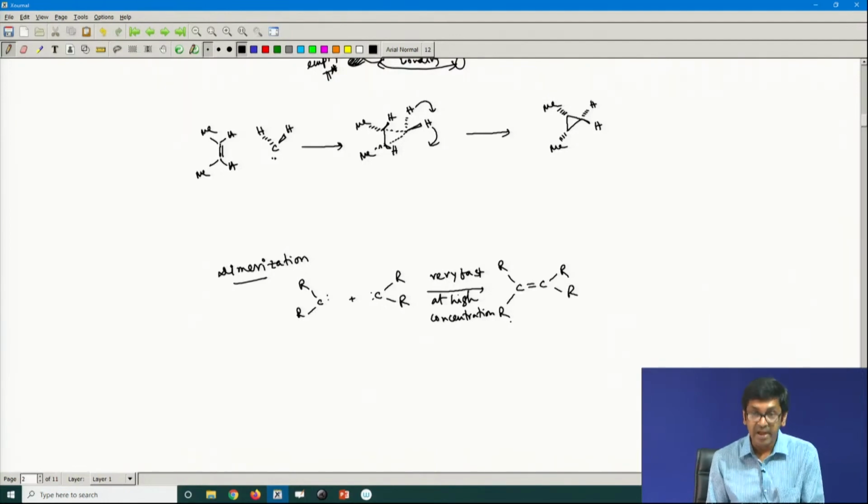So, they react immediately, and another important aspect for avoiding this type of side reaction is that you have to keep the concentration of these carbenes very low. In that case, it can avoid the dimerization. Okay. If the concentration is high, then of course, there is a chance of more dimer.